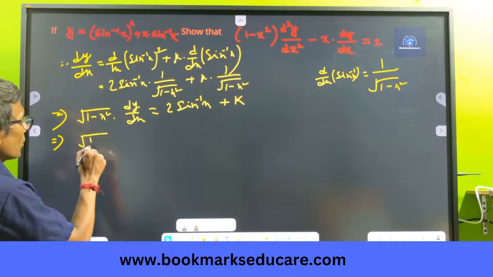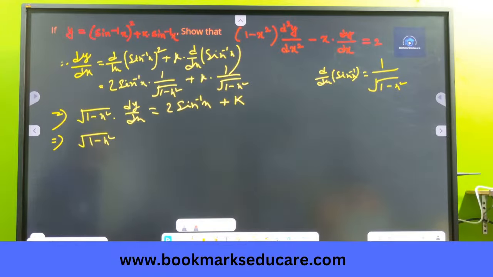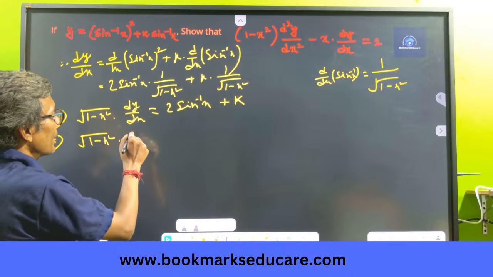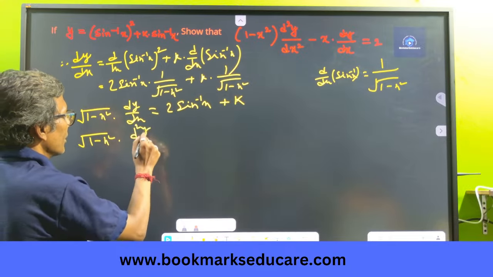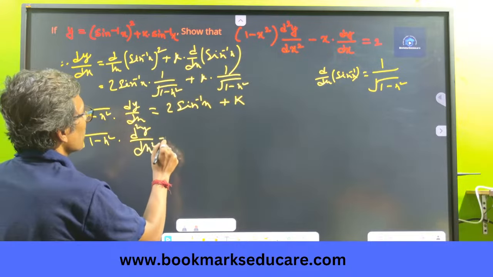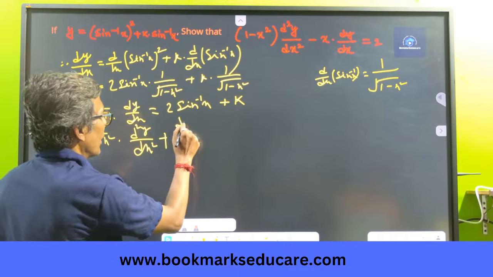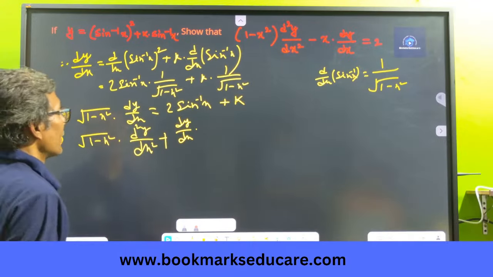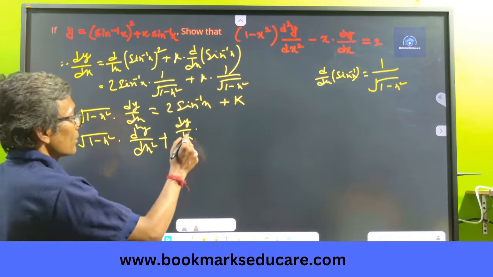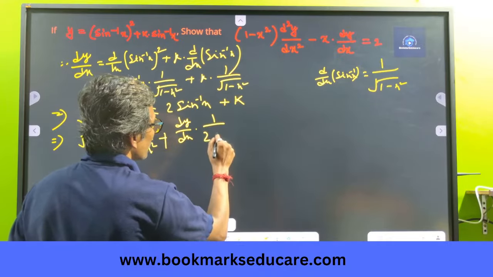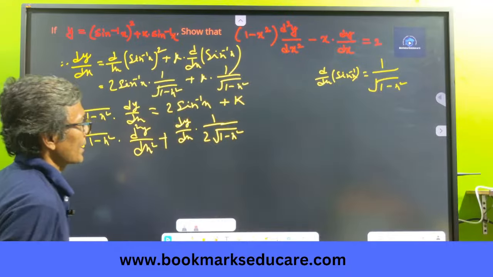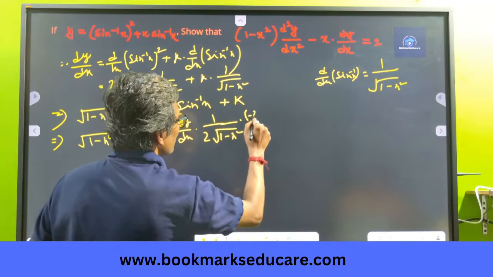So root over 1 minus x square into d by dx of dy by dx means d2y by dx2, plus dy by dx into differentiation of root over 1 minus x square, means 1 by 2 root over 1 minus x square into minus 2x.